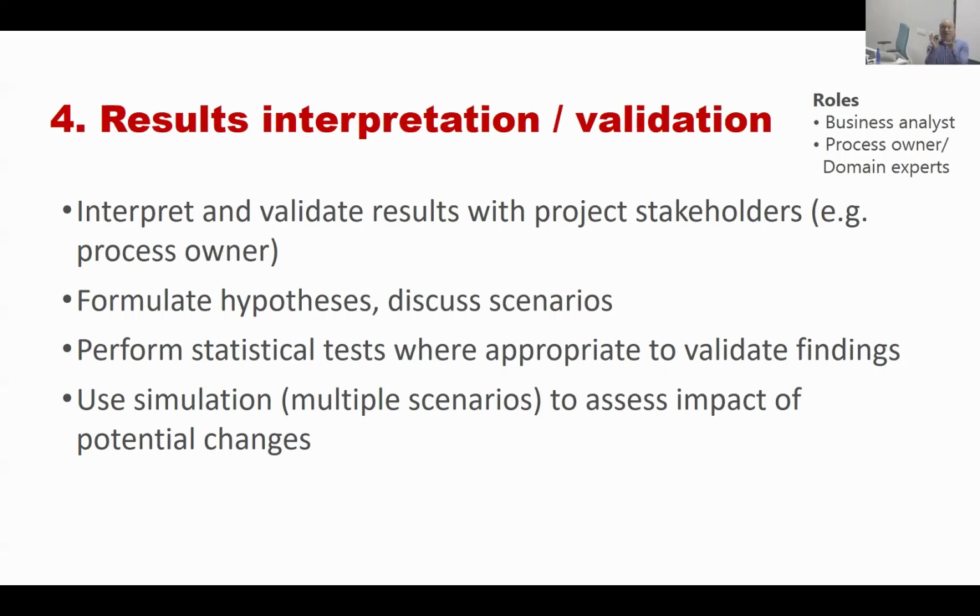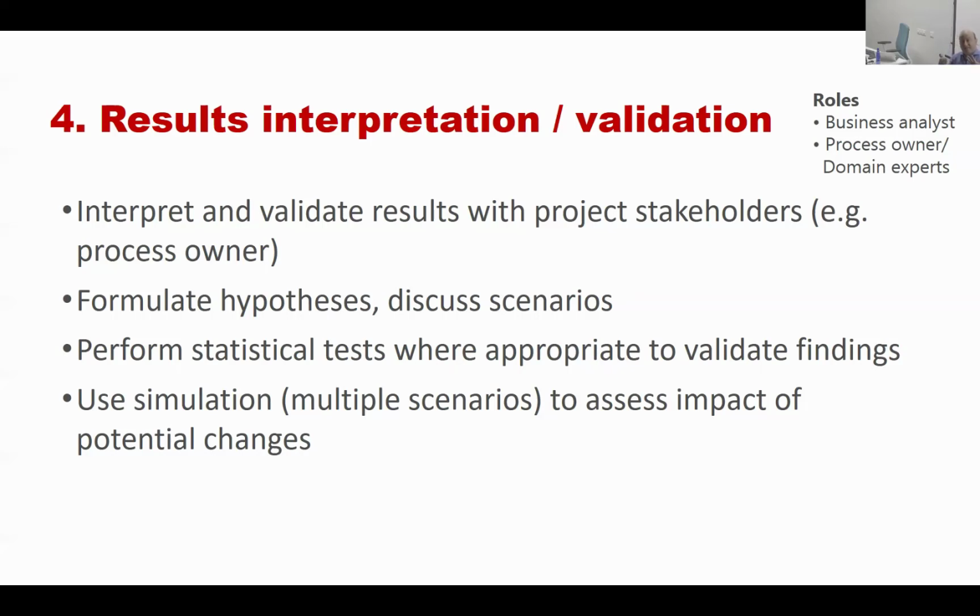You narrow down a set of hypotheses that you have derived from your analysis and initial discussions. Like, for example, one hypothesis could be that delivery delays of more than 2 days increase the probability of customer complaints by more than 50%.